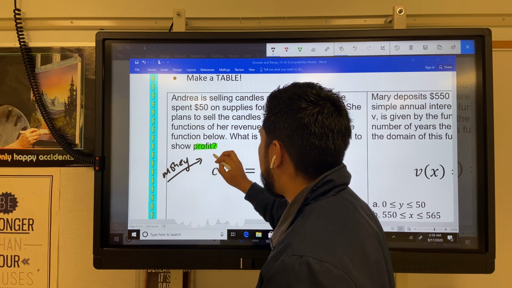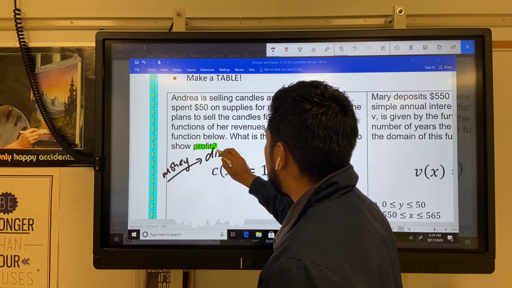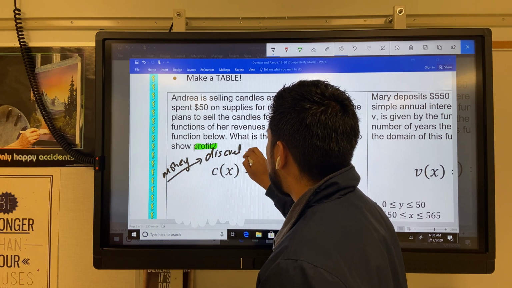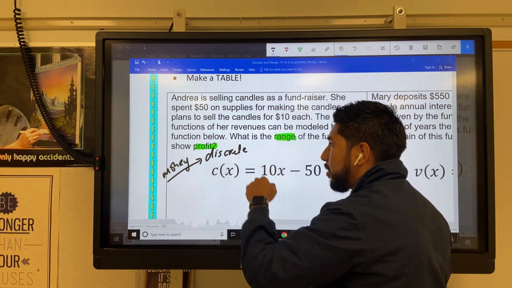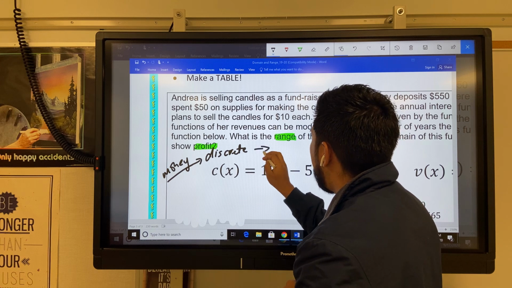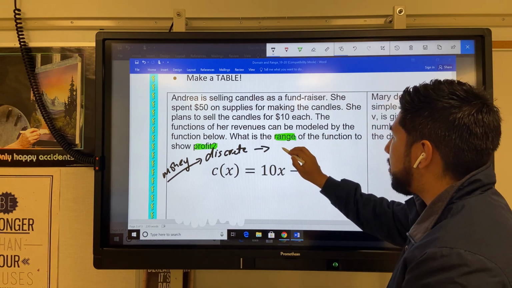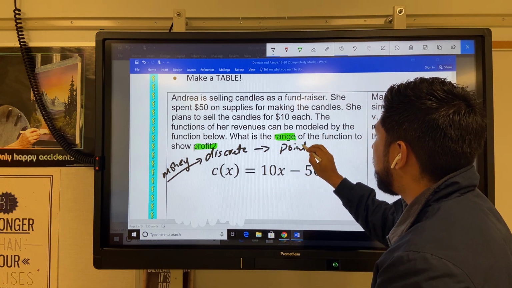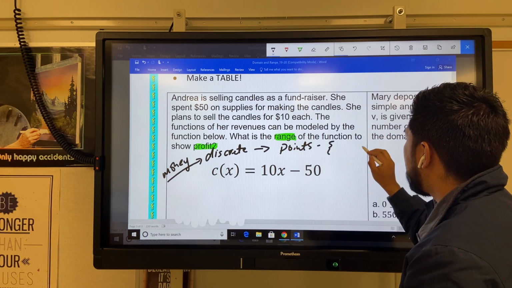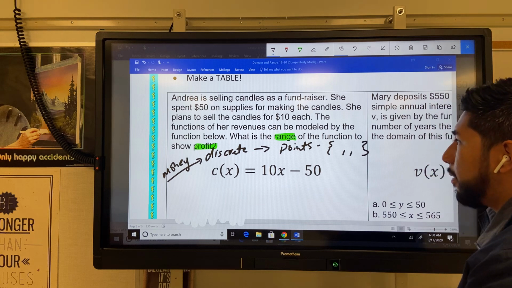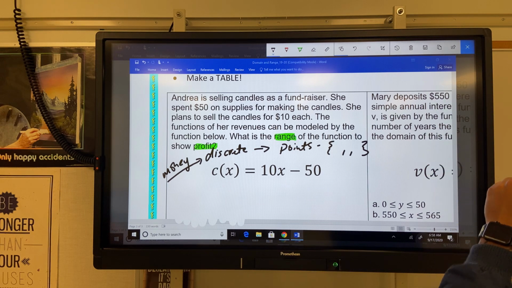So that means that this problem is discrete. So you want to make sure you know what it's talking about. It's discrete. And then we should know that it's talking about points. And since it's talking about points, my answer should look like it's in brackets.